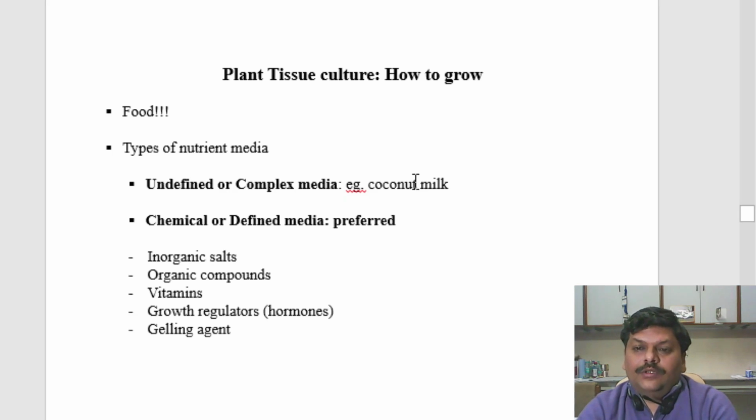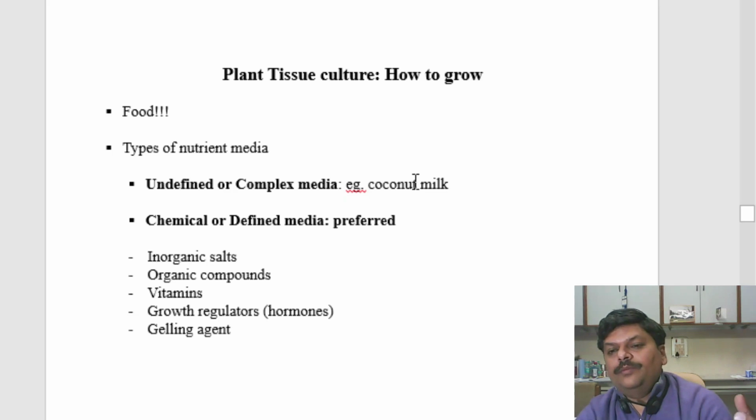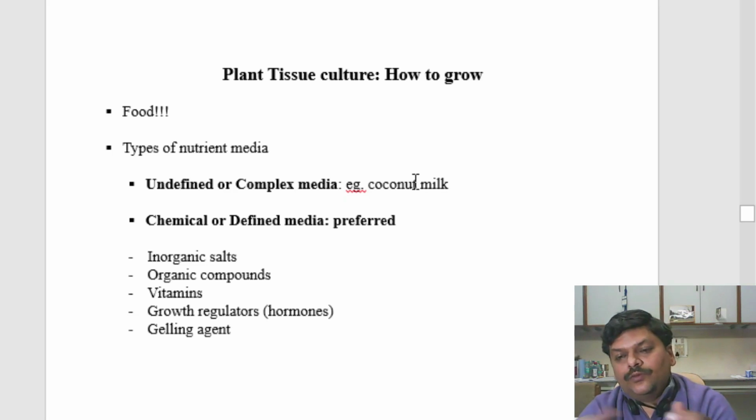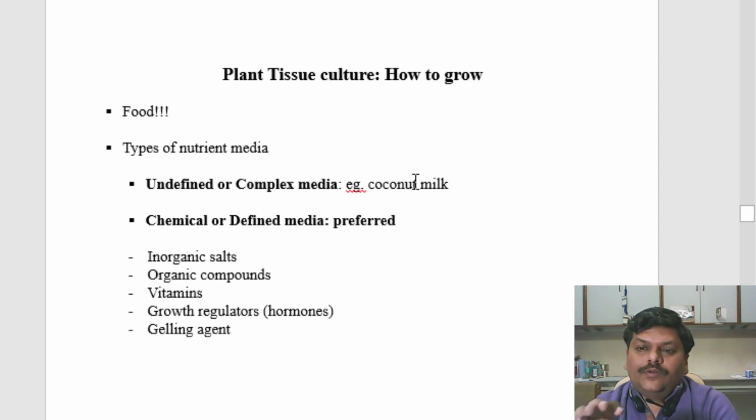On top of it, coconut from one plant may have a different composition from coconut from a different plant, or maybe from a different region. It also depends upon the growth conditions of coconut trees. So this is collectively called undefined or complex media. This is not much preferred as far as plant tissue culture is concerned, because we cannot replicate the exact conditions every time in the laboratory.